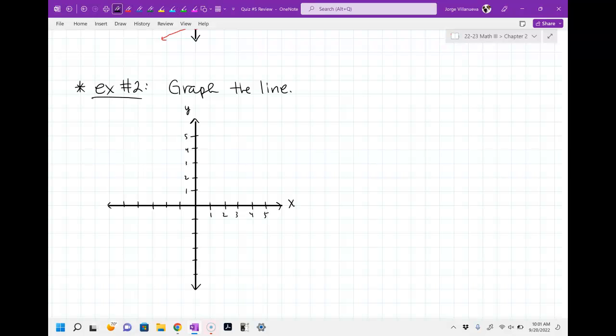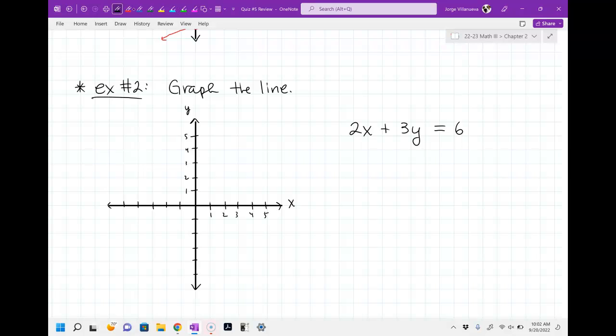Then they're going to give you an actual equation, a full-on equation, something that looks like this. Let's say 2x plus 3y equals 6. In order to graph it, if it's in standard form, this is what they call standard form, you could find the x and y intercepts if you want to.